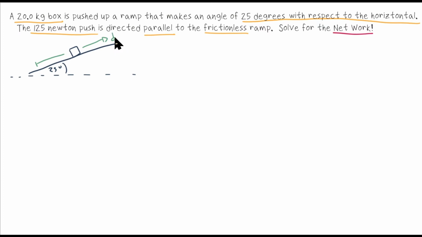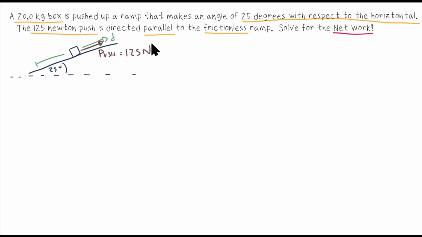And we have one force that they absolutely give us to start with, and that is the push. Let's see if we can color coordinate this a little bit. All right. So we have a push going up the ramp, and they give us the magnitude of the push as 125 newtons.